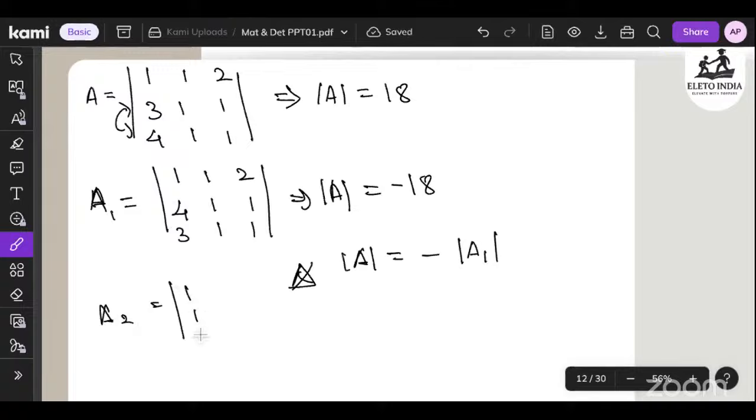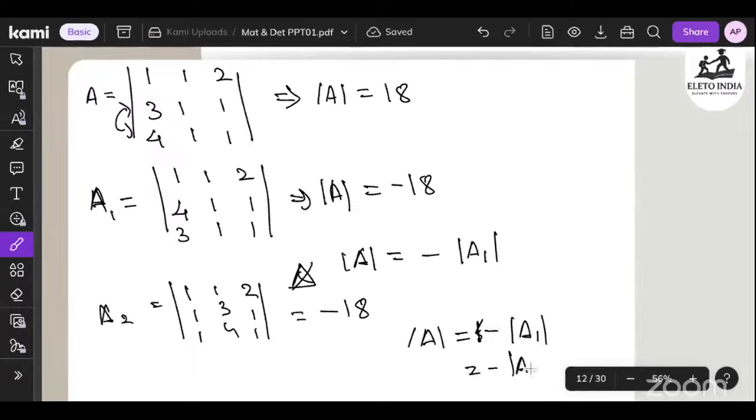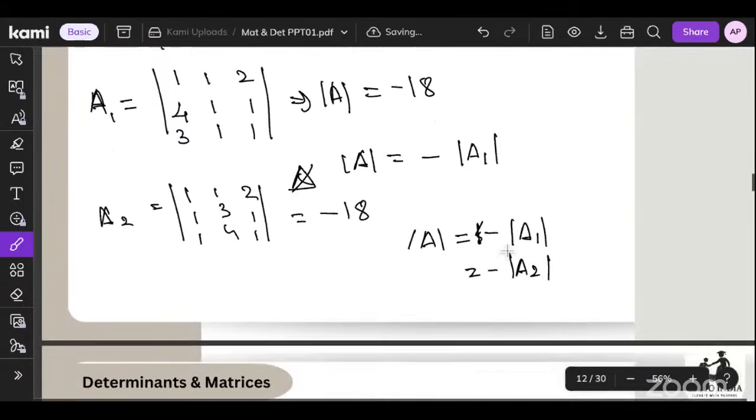We can take 1 1 1, 1 3 4, and then 2 1 1. Now also you will get minus 18. The determinant of A is equal to the negative of the determinant of A1, and the negative of the determinant of A2. Hope this is clear to you.